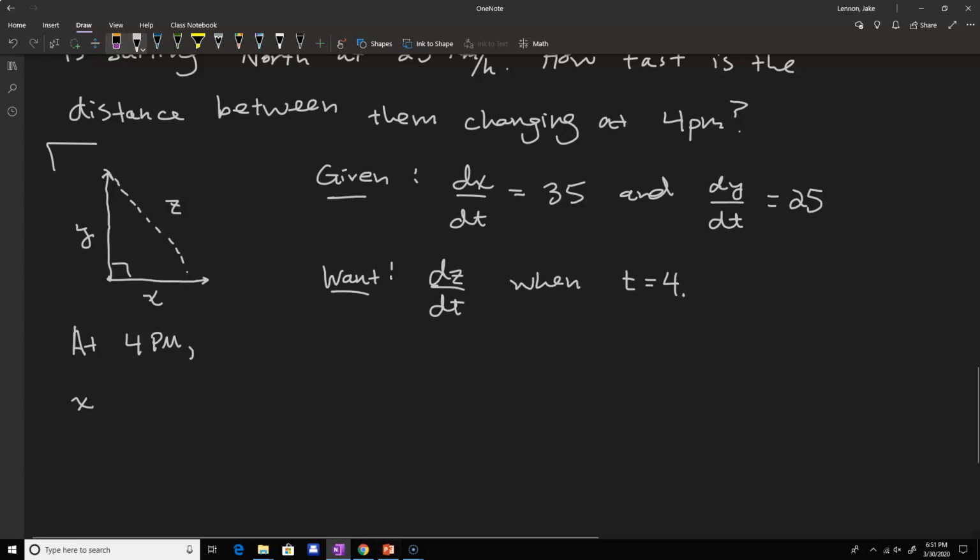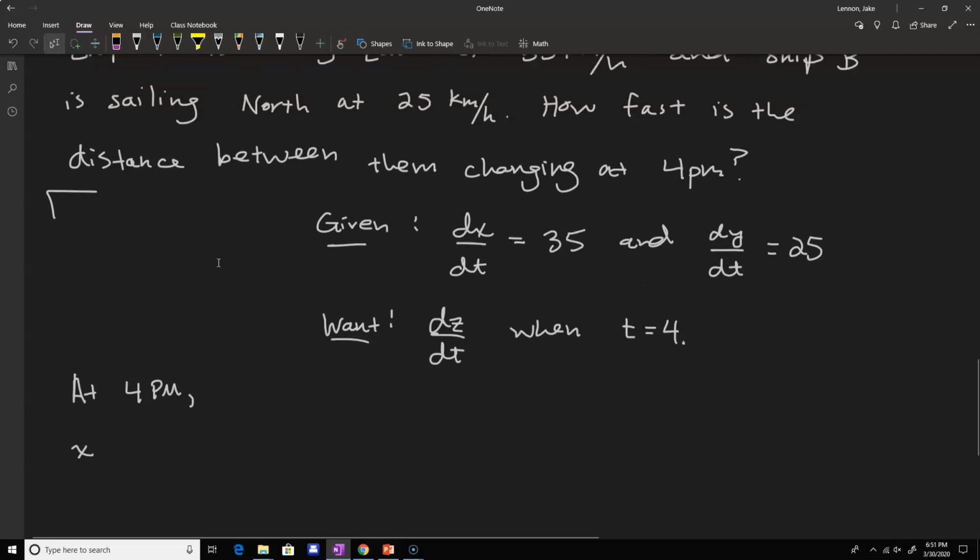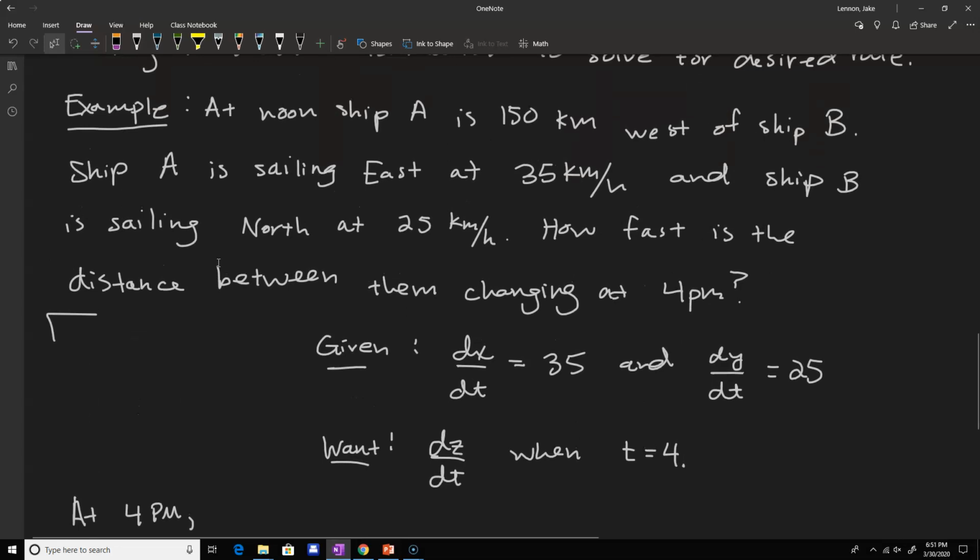actually, I did do this triangle kind of backwards, because if we look at the problem again, what did it say? They don't start from the same point. It says at noon, ship A is 150 kilometers west of ship B, and ship A is sailing to the east.